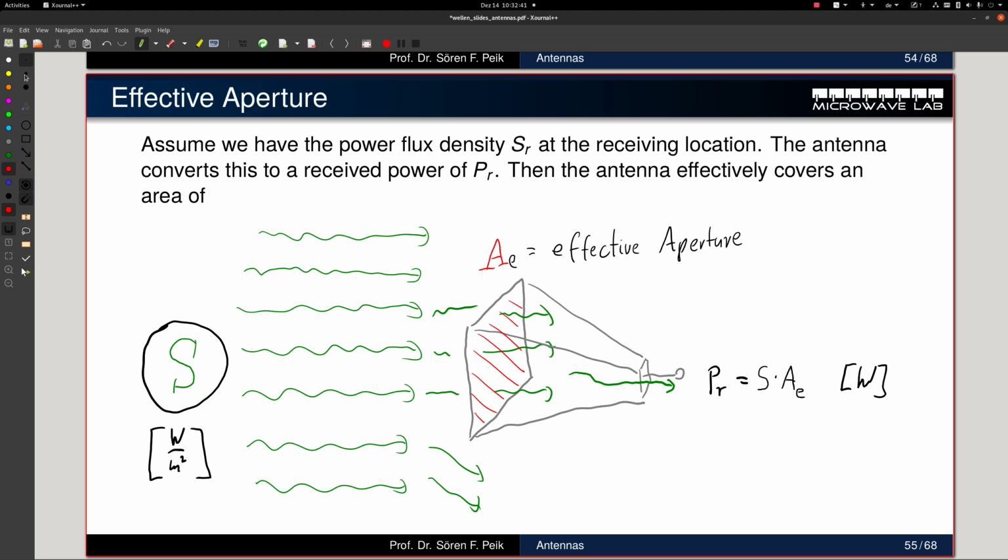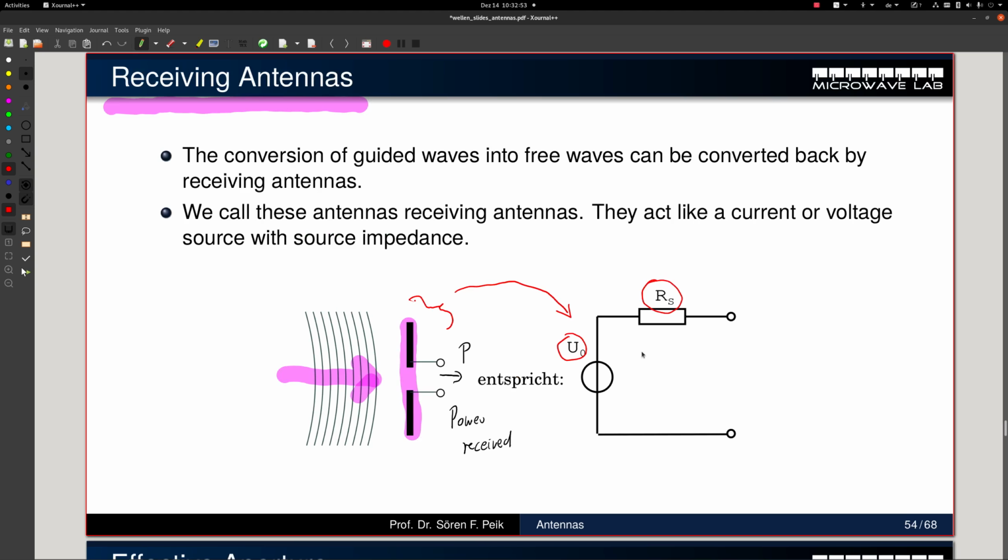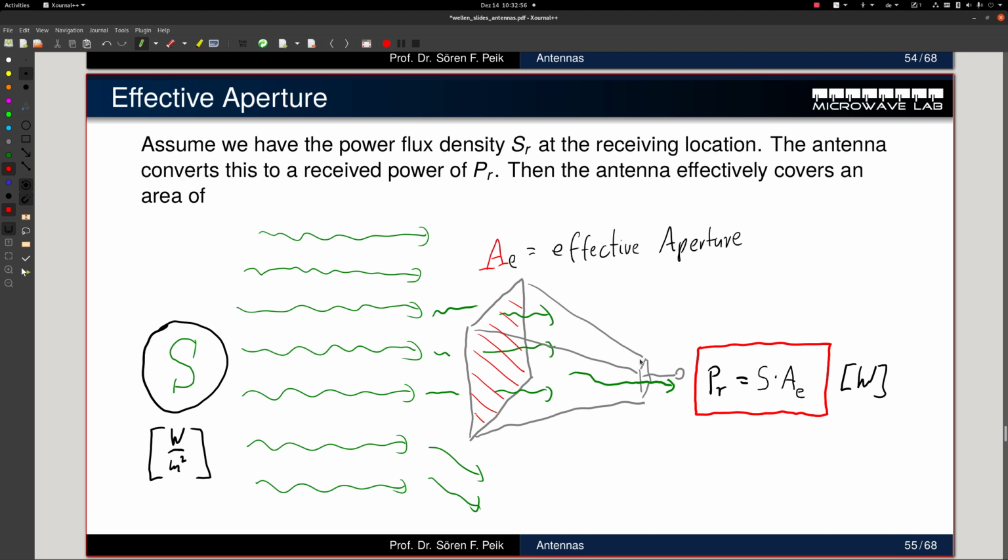And from that, we get this very simple but very powerful formula. Received power is equal to the power flux density incident times my area A of the antenna.